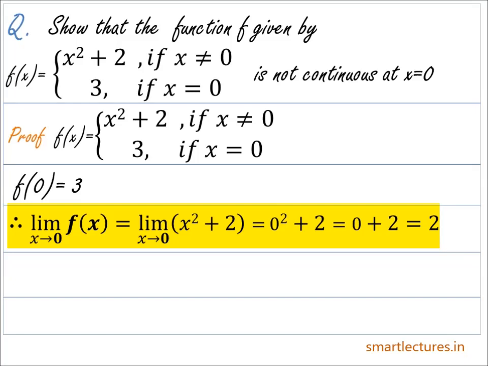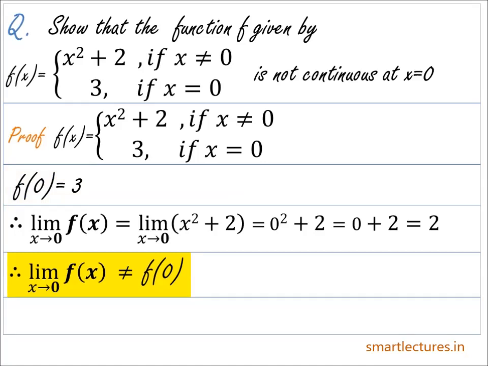But the value of the function f of x at x equal to 0 is 3. So that means the limit of the function f of x when x approaches 0 is not equal to the value of the function f at 0.